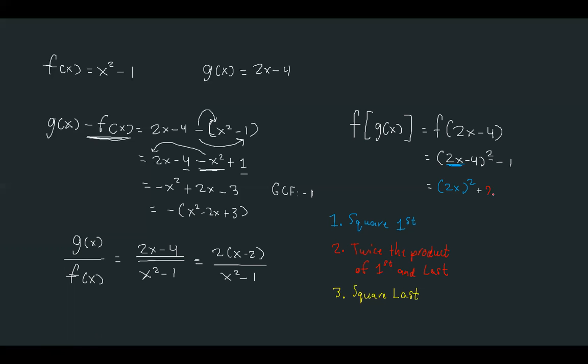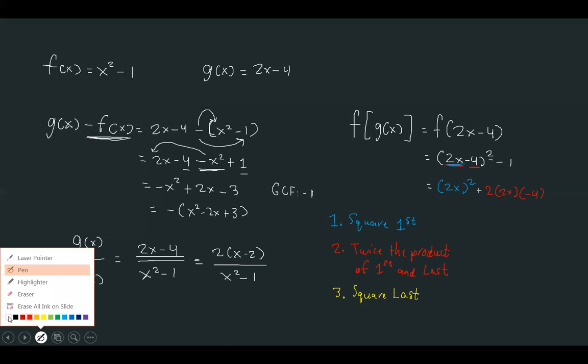This means 2 times the first term, which is 2x, then times the last term, which is negative 4. So 2 times 2x times negative 4.